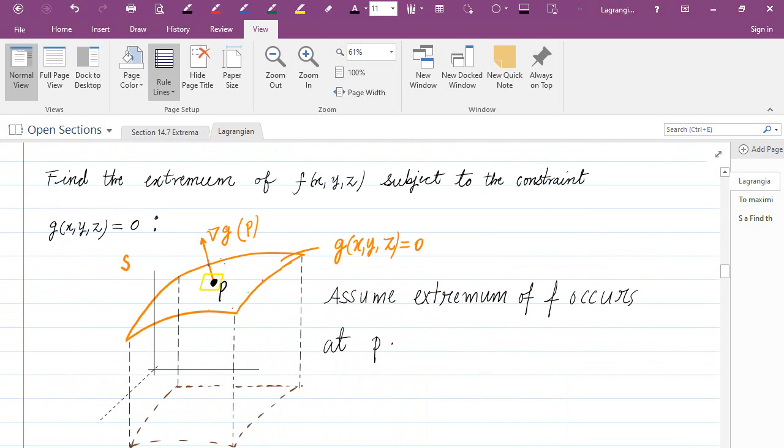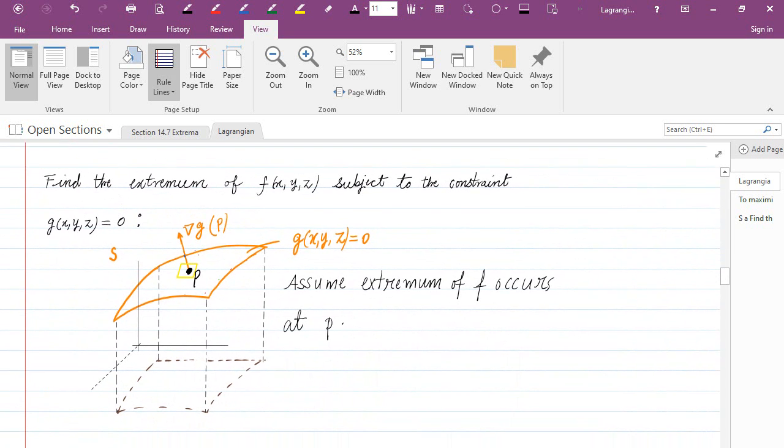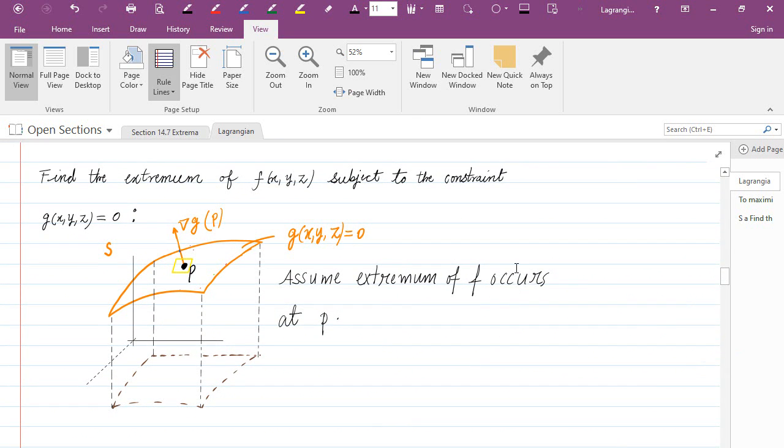So now let's say that we want to find the extremum of the function f(x,y,z) subject to the constraint g(x,y,z) = 0.